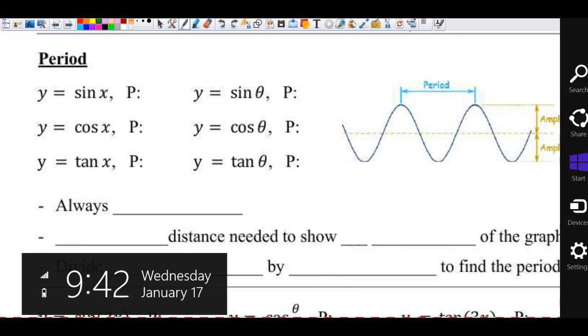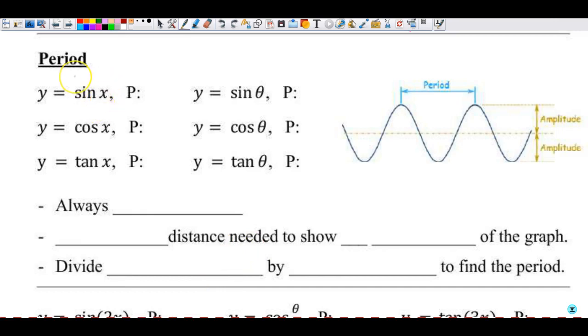Before we do that, let's talk about the difference between the x and the theta. Officially, there is no difference. Whether I'm talking radians or degrees, I could use x, I could use theta. There is no set rule for either one.